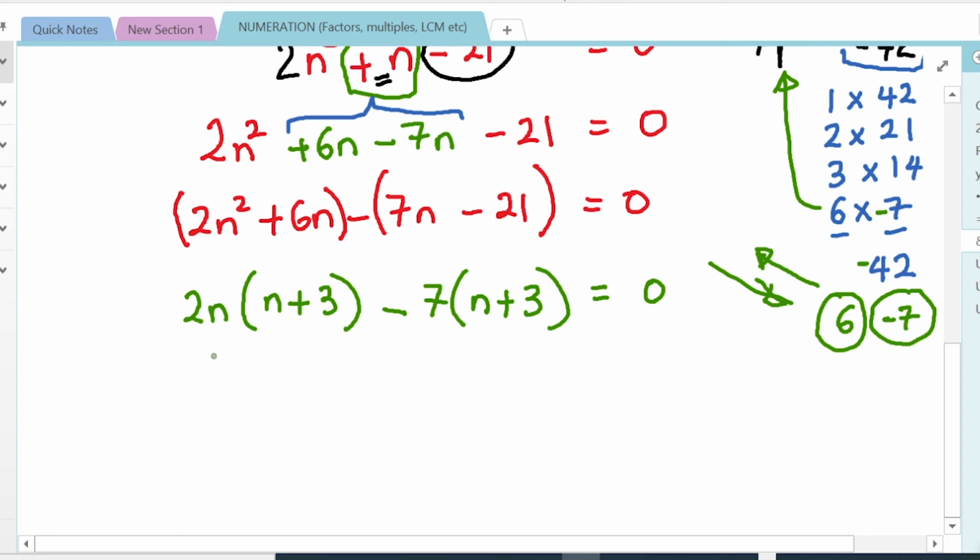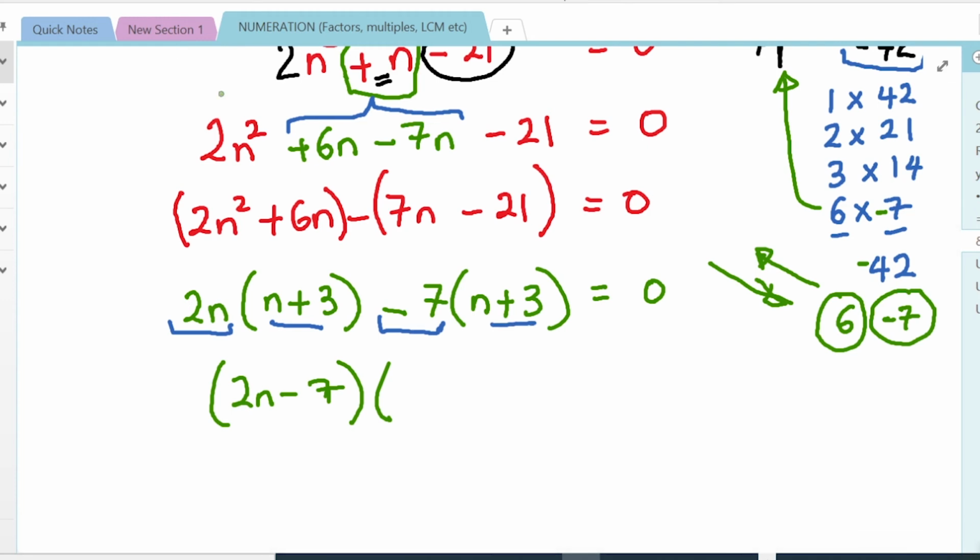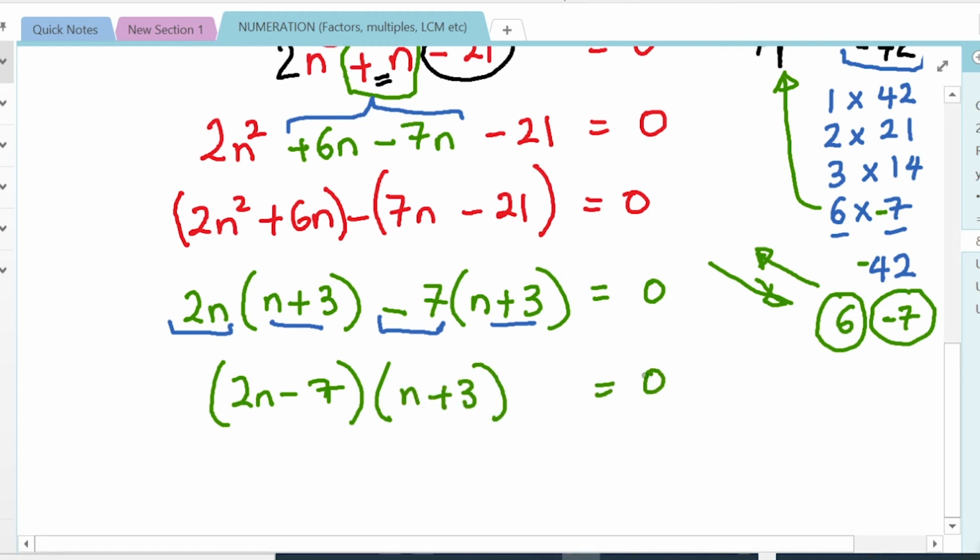Right, so the two outside numbers get their own bracket, so it becomes 2n minus 7. The numbers inside the brackets get their own bracket here, so this becomes n plus 3 is equal to 0.